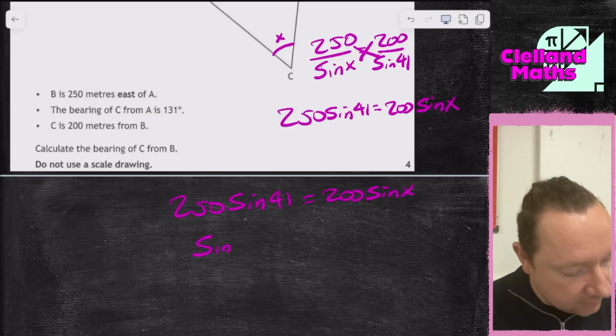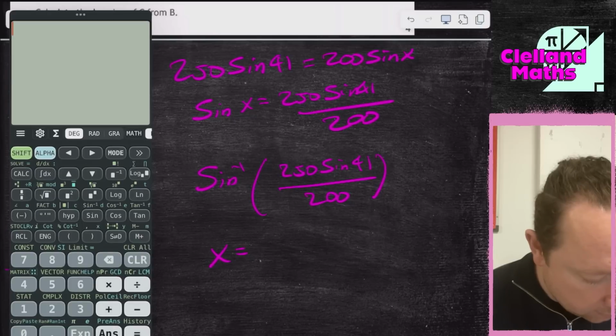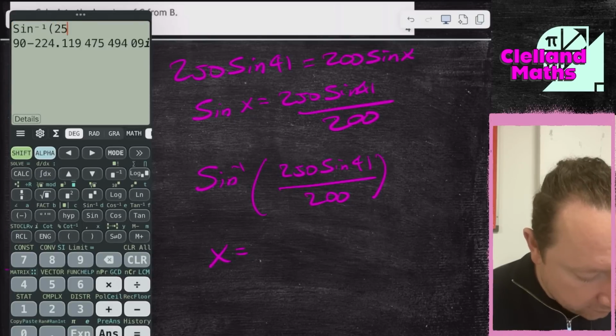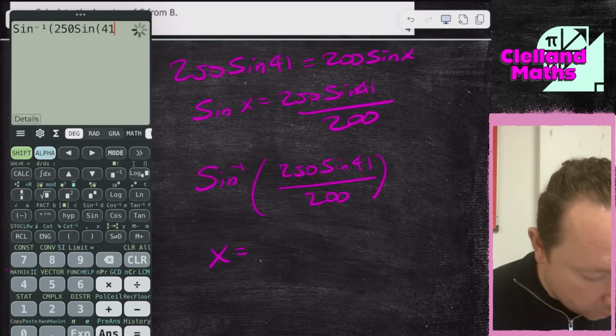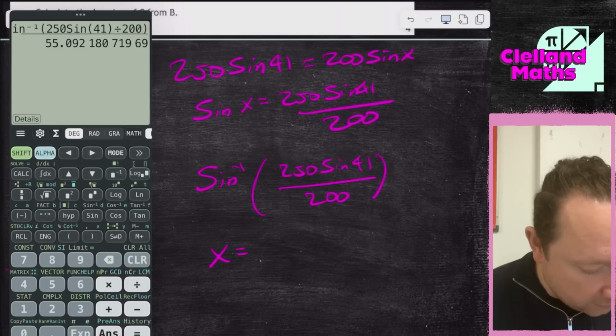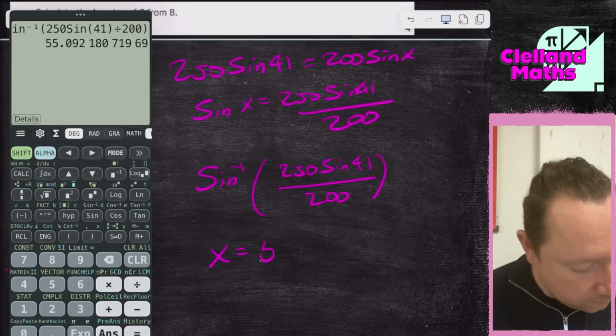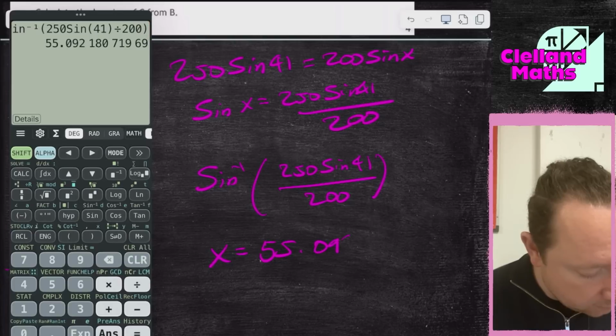So sine X is 250 sine 41 over 200. 250 sine 41 divided by 200 is 55.092, or about 55.1 degrees.